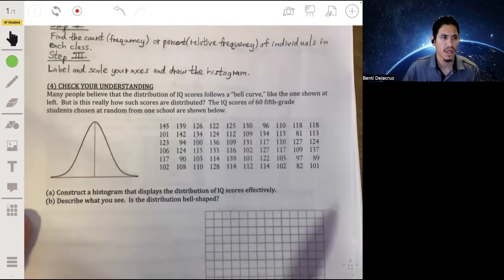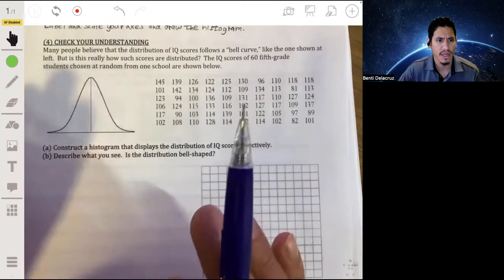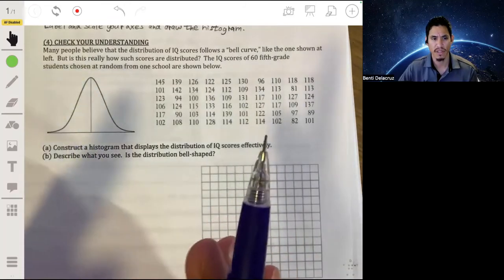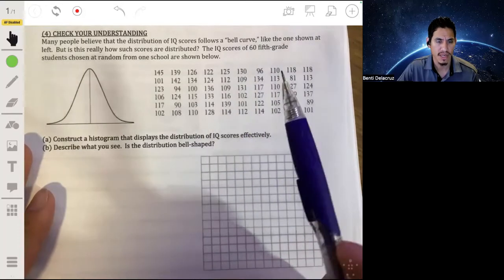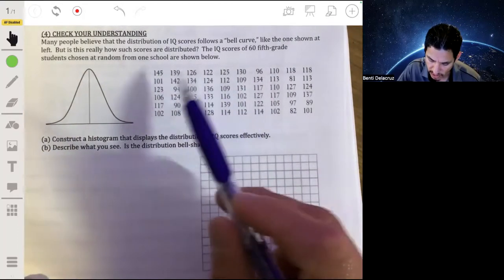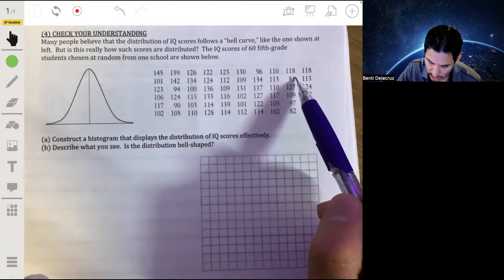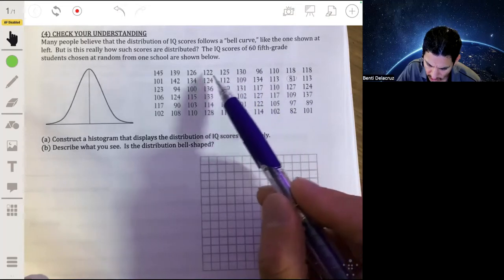So let's first figure out what classes or interval lengths we're going to break our histogram into. Let's look at the lowest and highest values we have here. We have an 81 here. Let's see if we have anything lower than 81.